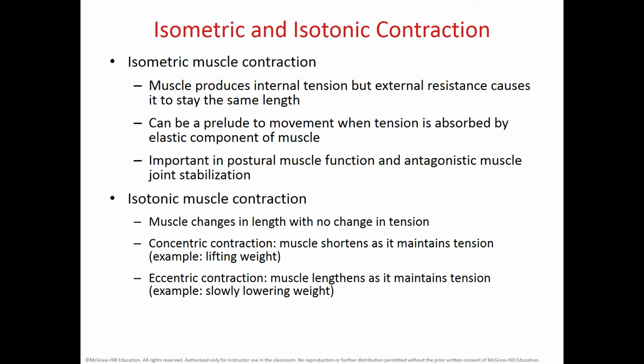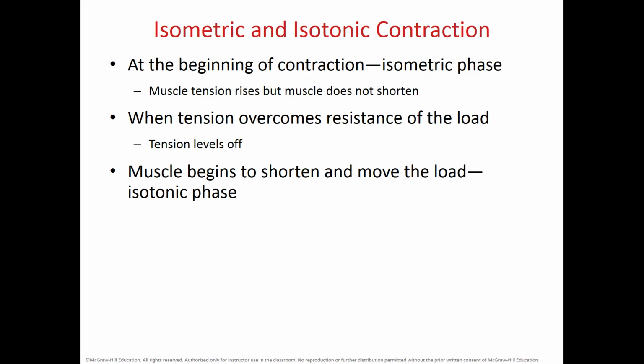And we have two types of isotonic muscle contraction. We have one that is called concentric, that is when the muscle shortens, it maintains tension, like when someone is lifting weights. Or we can have eccentric, in which the muscle lengthens as it maintains tension. For instance, when someone is slowly lowering the weight. So at the beginning of the contraction, we will have an isometric phase.